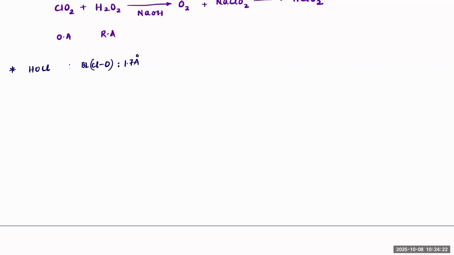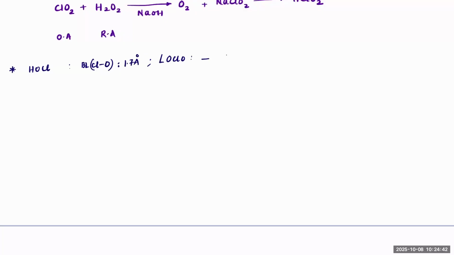And the bond angle of OClO, that is almost linear, correct? The OClO bond doesn't exist, so I'll just write this down as non-existent. Clear? HOCl has only the one bond.